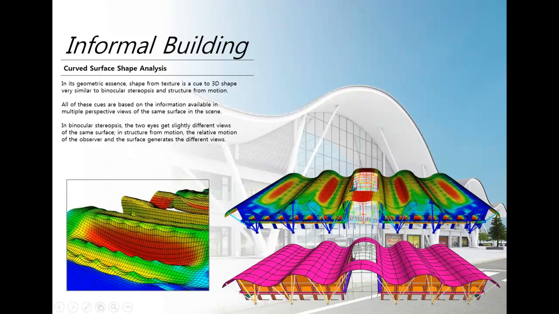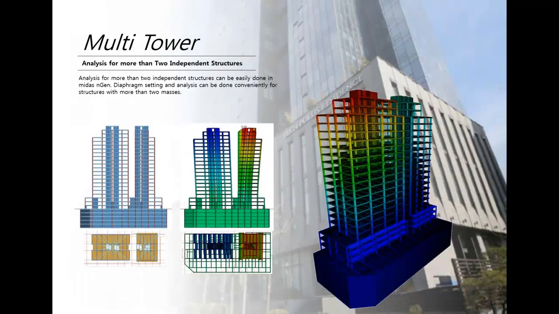All this mesh that you can see over here is automatically generated by the program, so you need not worry about it at all. Multi-towered structures, well, we can have two separate diaphragms in a single model. So it becomes easier for us to take out the results of both the towers simultaneously.